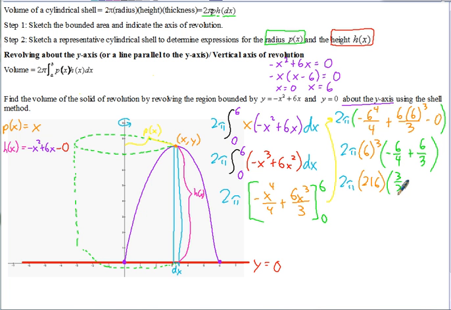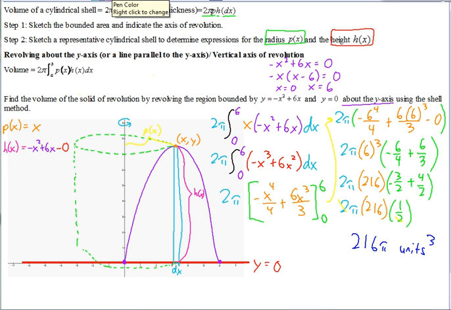And that's negative 3 halves, plus 6 divided by 3, which to get a common denominator would be the same as 4 halves. 4 halves and negative 3 halves add up to be just 1 half. And then the 2's reduce to just give you 216 pi. And since we're talking about volume here, it would be units cubed. You don't have to put that because it's not specific units, but it is in three dimensions.